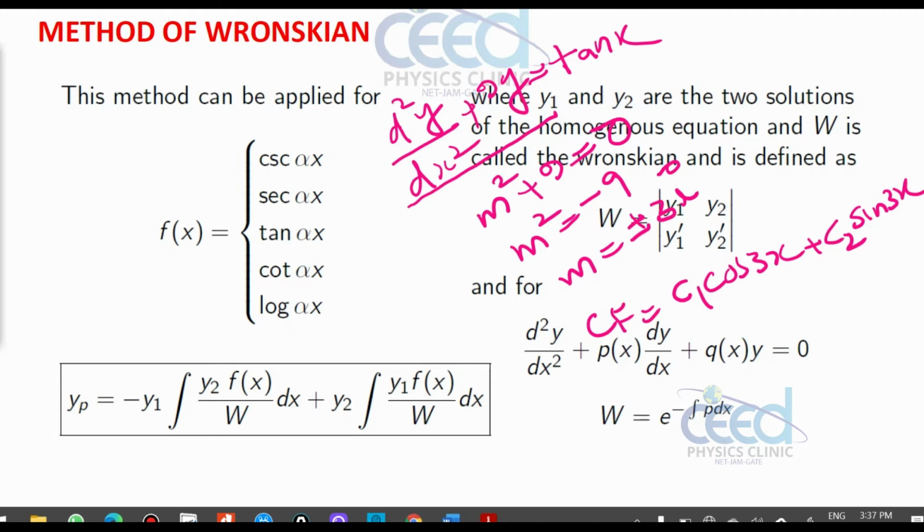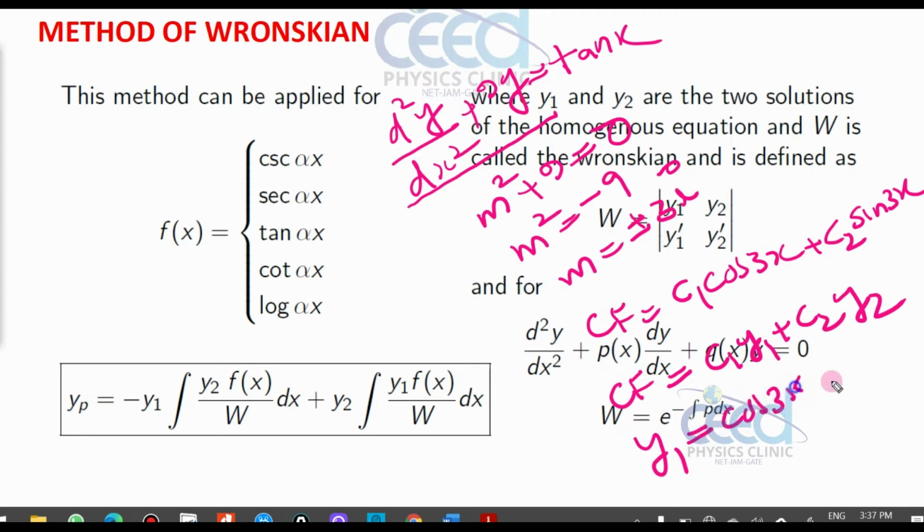So first of all you have to find your complementary function like this, and then to calculate the further solution, you have to write this complementary function in the format c1 y1 plus c2 y2. Here y1 is equal to cos 3x and y2 is equal to sin 3x.